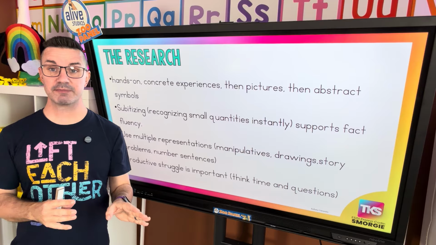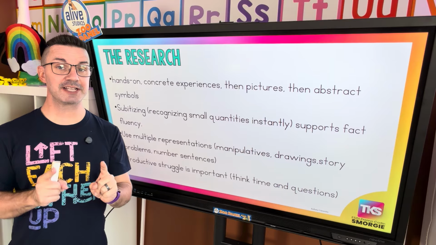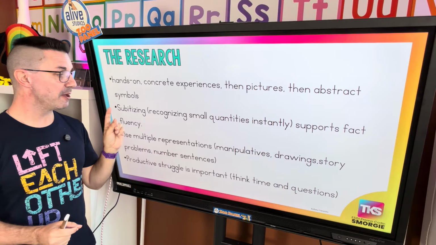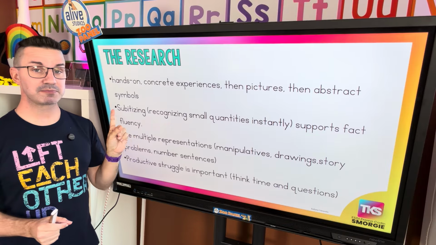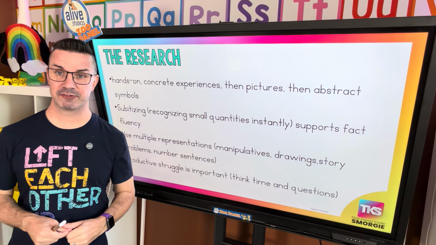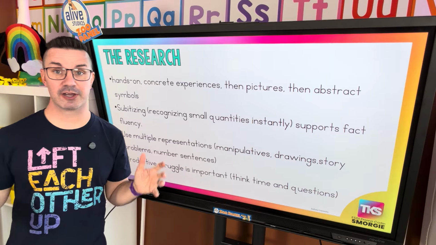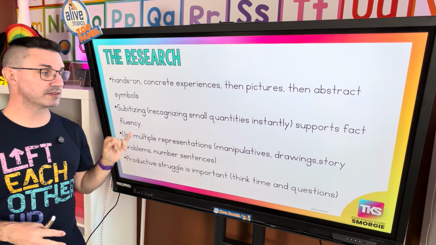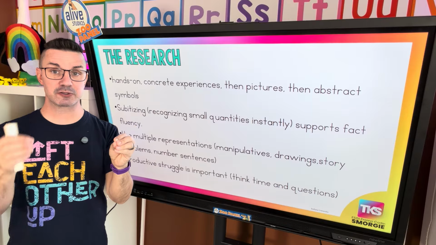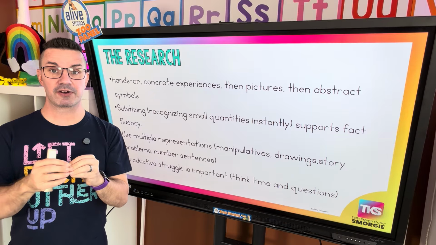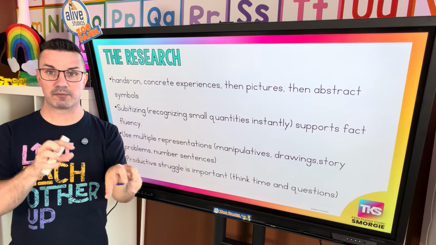Subitizing, this is something we work on all year. Here's why subitizing is so important. Because it supports addition and subtraction fluency. Now, addition and subtraction fluency doesn't necessarily mean I can do 100 equations in a minute. What this means is that they can look at 6 plus 1 and say 7. They don't have to count, right? They don't have to count on.